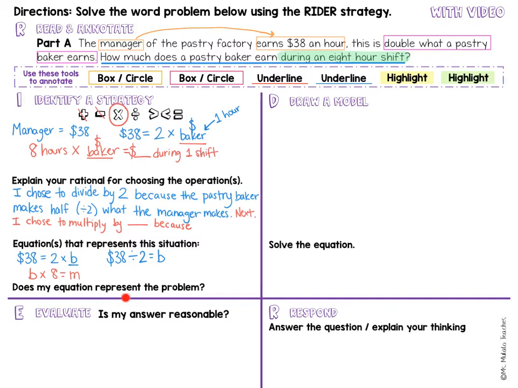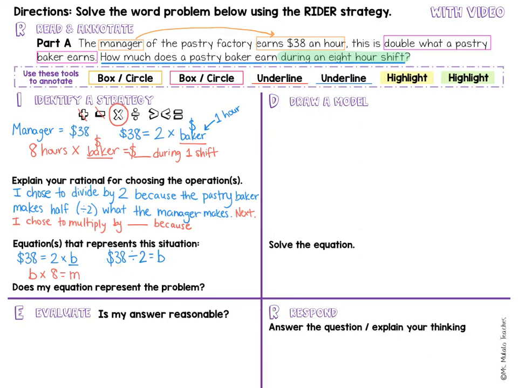Does my equation represent the problem? So let's check back. Do the equations that we came up with represent the problem? The manager earns $38 an hour. Yes. This is double, times 2, what a pastry baker earns. Good.